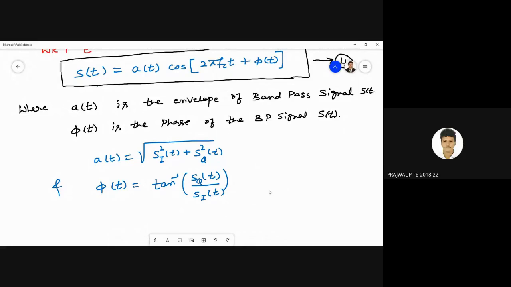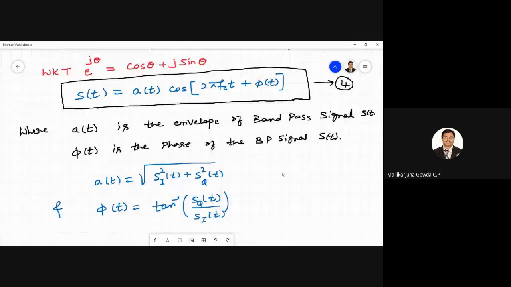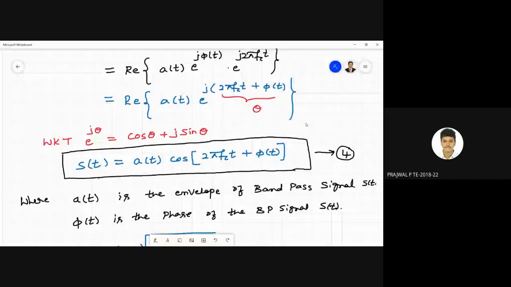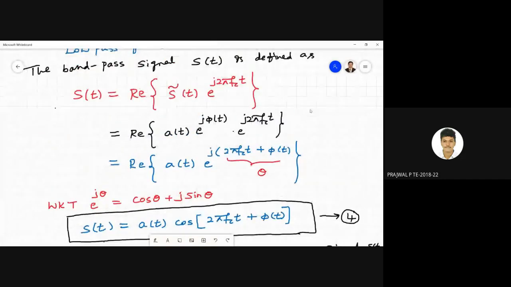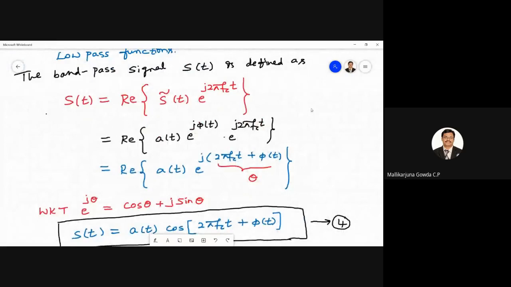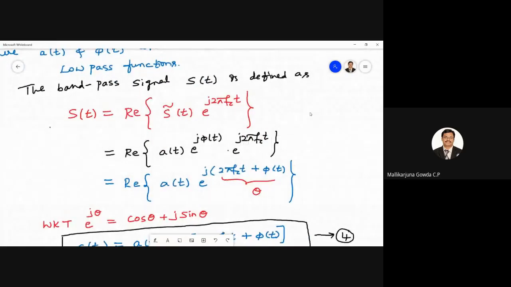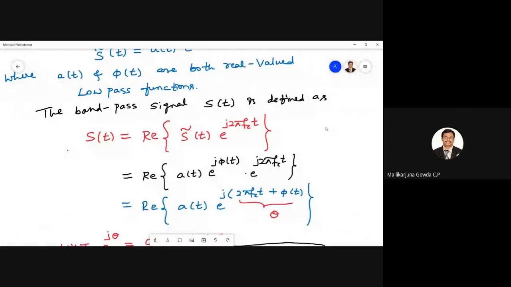So can you scroll up, sir? Sir, where did you mark equation 3? Equation 3 is what I wrote. No, that is in Cartesian form. Cartesian form is s(t) = s_I(t) cos(2πf_c t) minus s_Q(t) sin(2πf_c t). I gave the number equation 3 for that while discussing Cartesian form.